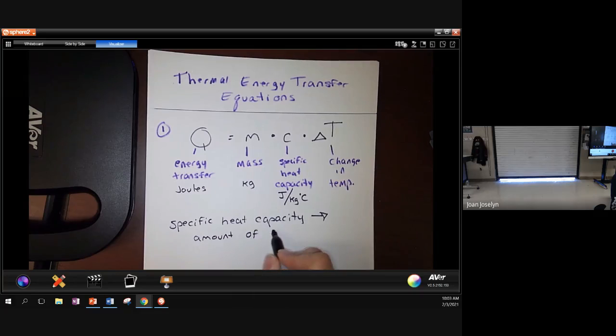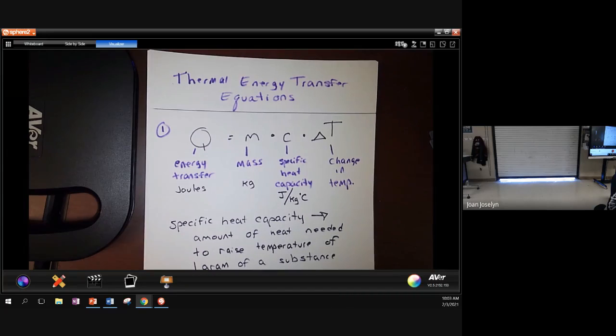It's the amount of heat needed to raise the temperature of 1 gram of any substance, and you want to make it 1 degree Celsius higher than it was.